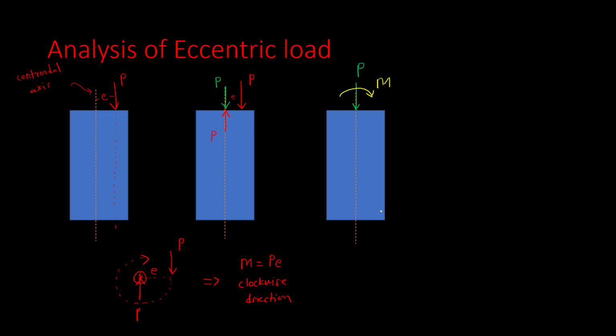Now you can see here that the main arrangement of eccentric load is converted into direct load plus moment. So we can write here that the eccentric load is converted into direct load plus moment.